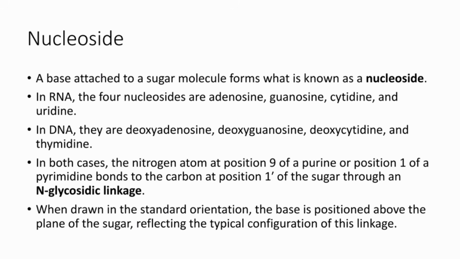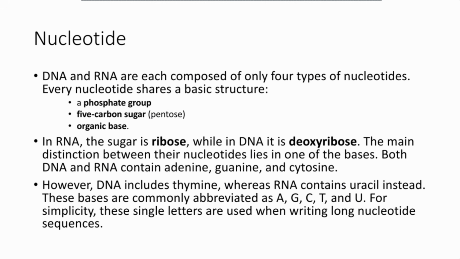While a nucleotide has 3 parts: a phosphate group, the pentose sugar, which is a 5-carbon sugar, and also the base. In RNA, the sugar is the ribose, while in DNA it's the deoxyribose, and there are different bases involved.